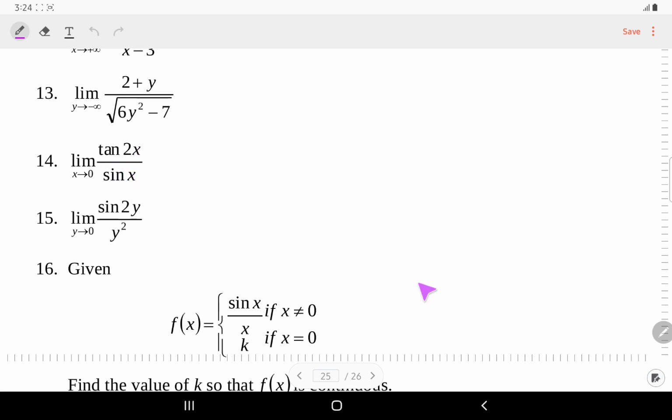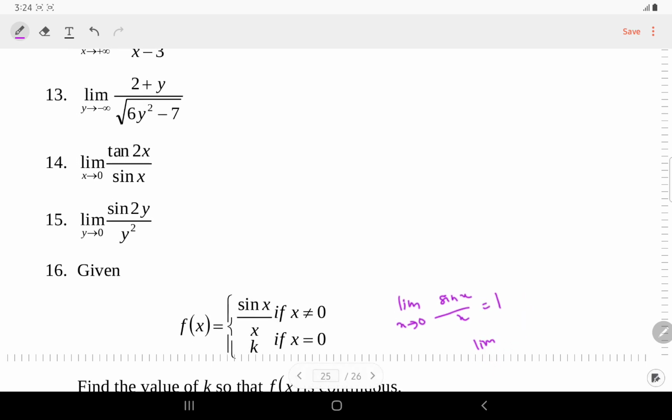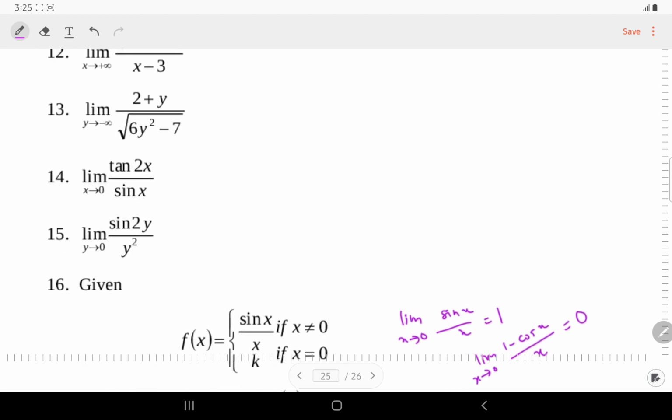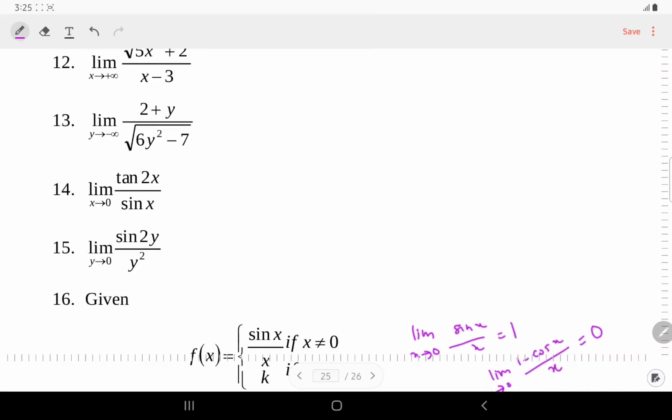Remember that we have this theorem: the limit as x approaches 0 of sin x divided by x is equal to 1, and the limit as x approaches 0 of 1 minus cos x divided by x will become 0. So we have two squeezing theorems, and we want to solve this question.